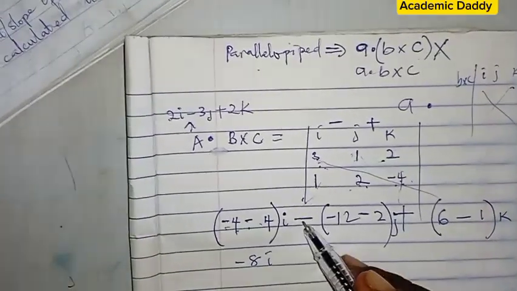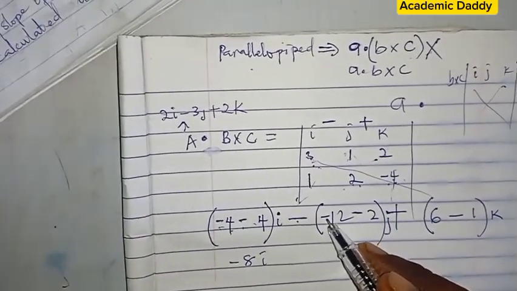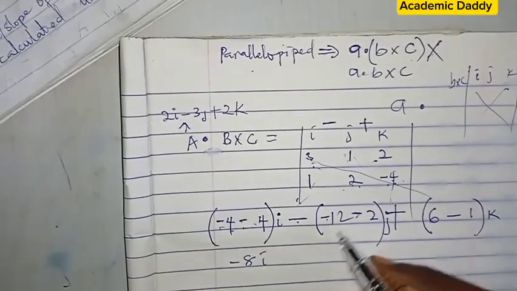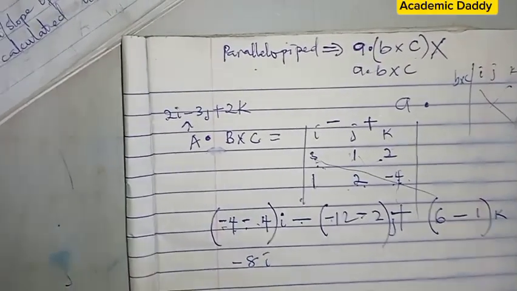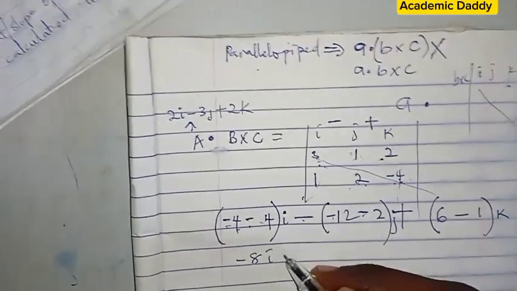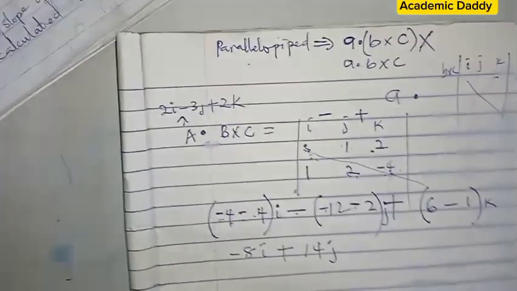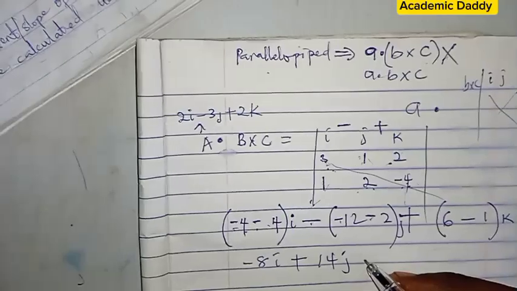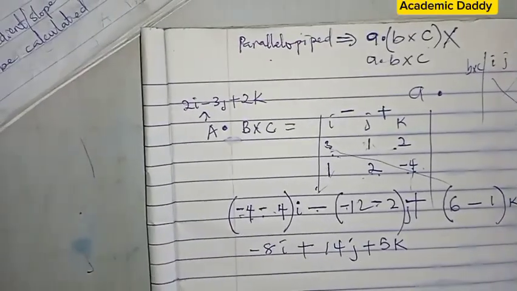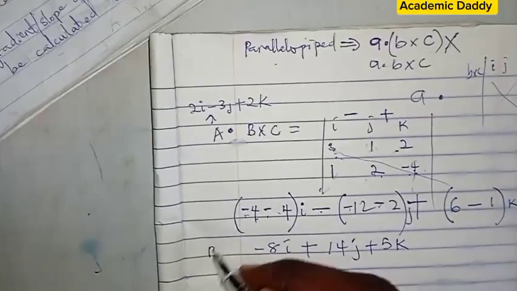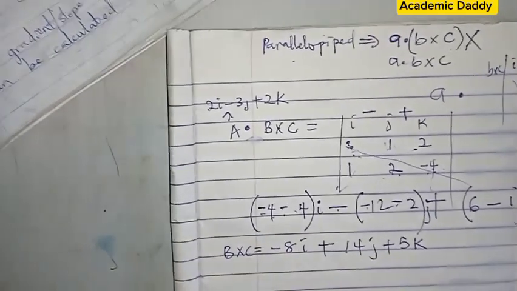Then minus 2 is minus 14. Then minus times minus is plus 14J. Then 6 minus 1 is 5, plus 5K. So we get that B cross C is equal to this.